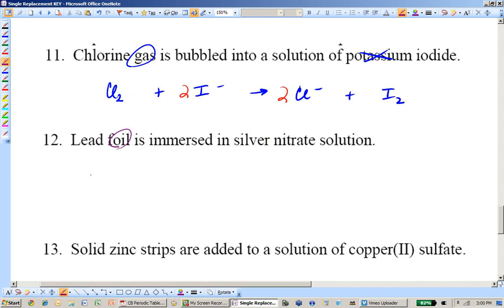Lead foil implies solid, immersed in silver nitrate. What's going to happen with this one? Got to contemplate that. Nitrate. Oh, nitrates are always soluble. Don't have to contemplate that. We have metal plus ion. What was a metal becomes an ion. You can make it 2 plus or you can make it 4 plus.